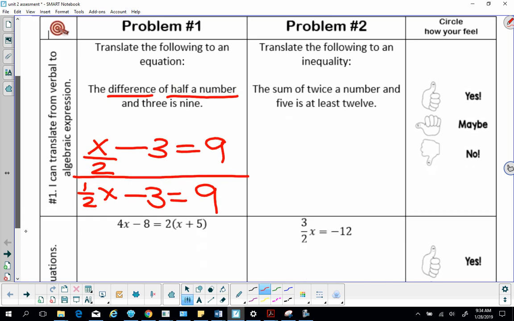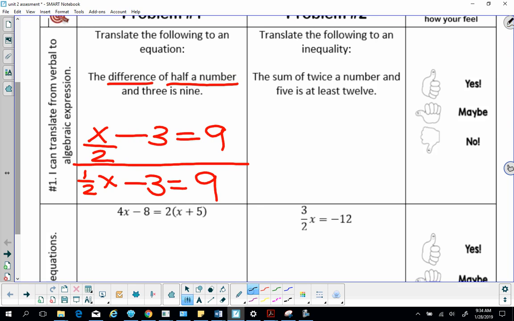If I were to solve this, what do I have to do first? Move the constant, 3. How do I get 3 to the other side? Plus 3, or add 3. And so you end up getting, I'm going to write it up here, 1/2 x equals 12. Then how do I get rid of a fraction?